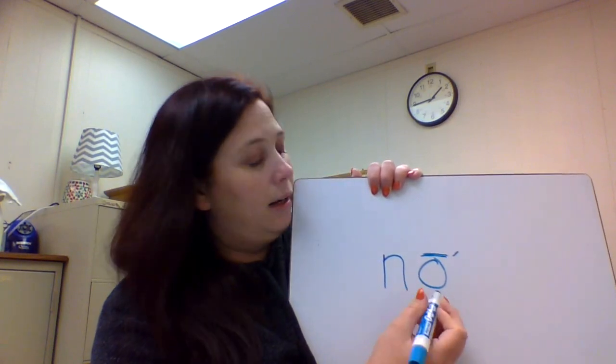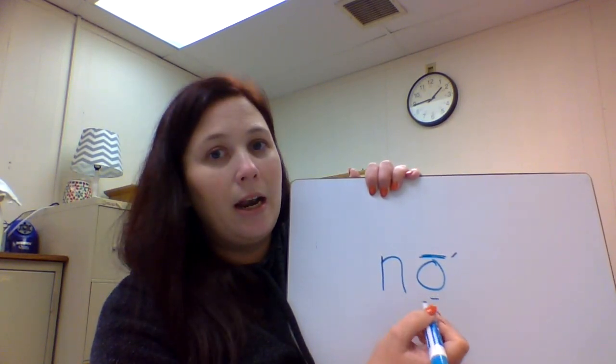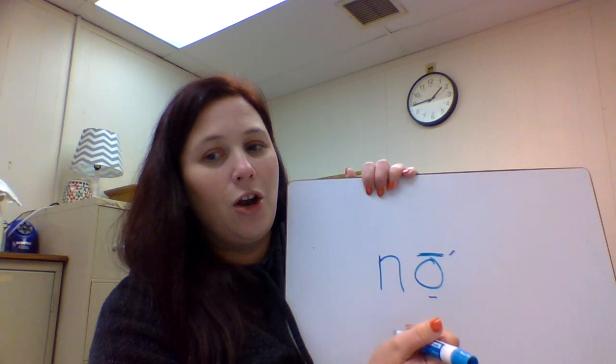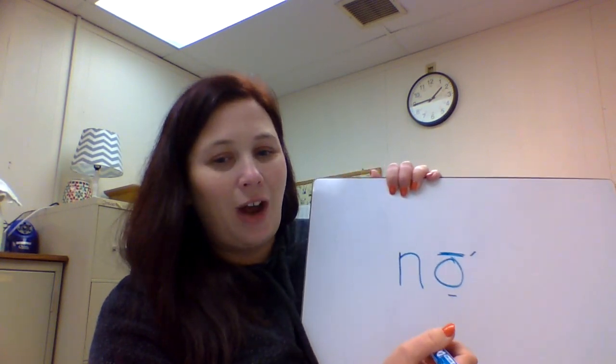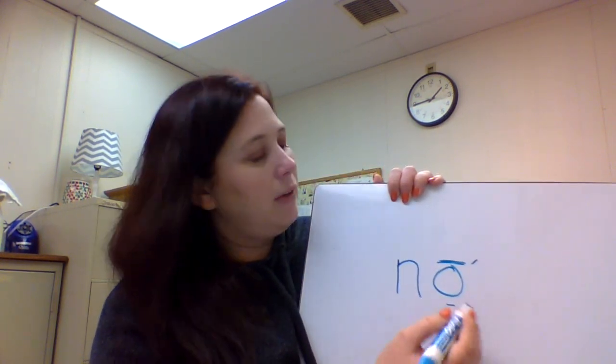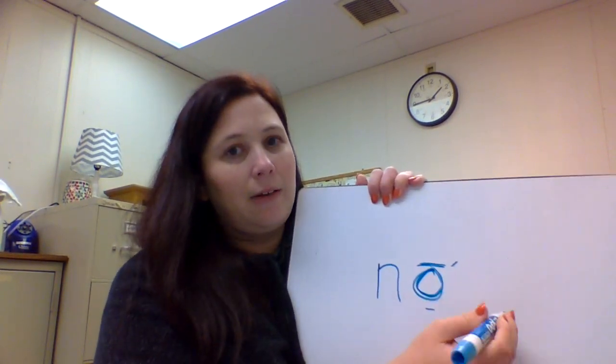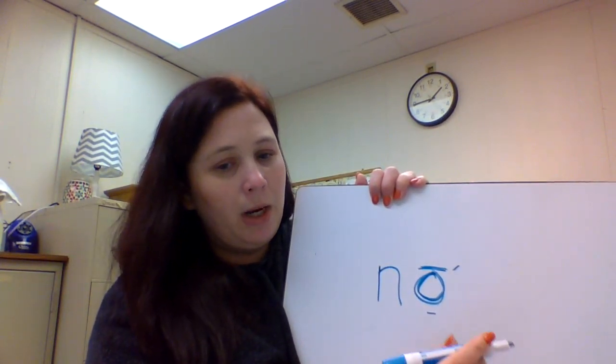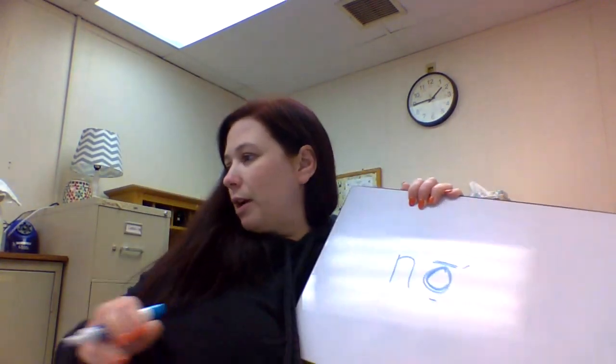All right, so let's blend these sounds. We know N and O. No. Did you get no? Good job. All right, so let's say that I'm the letter O. If there's no consonant to stop me here, then I'm going to say my name. But what happens if I ran into a consonant?